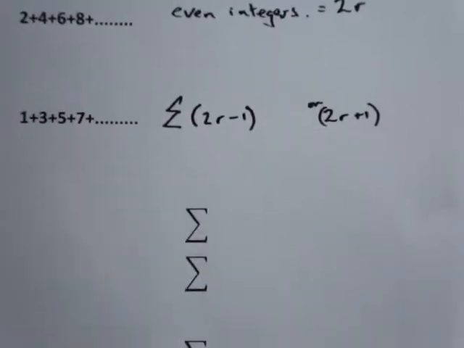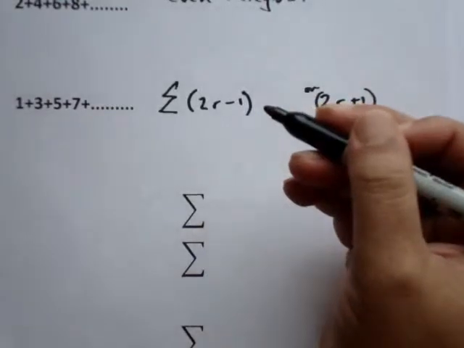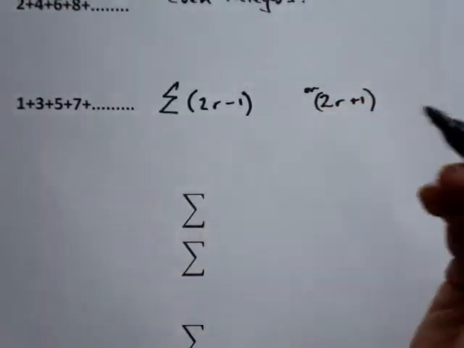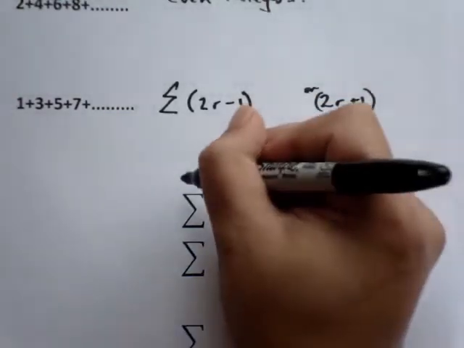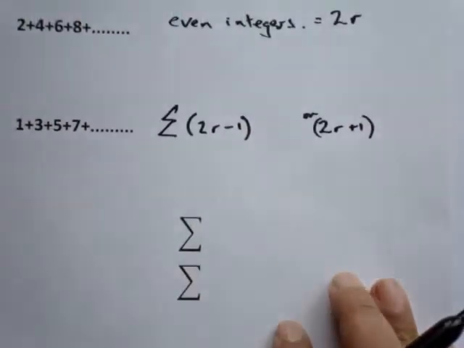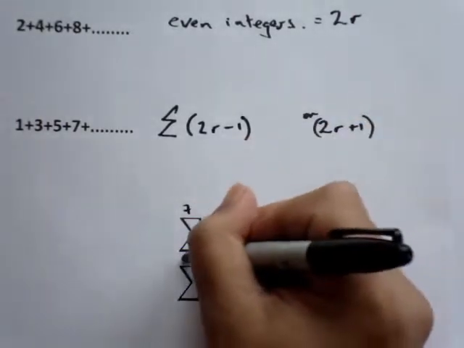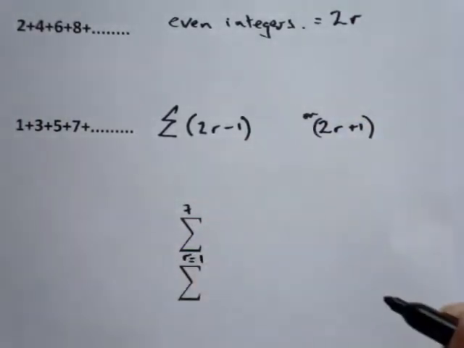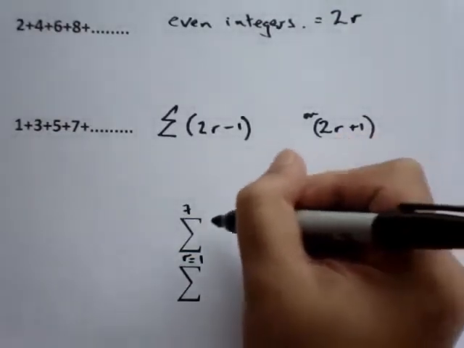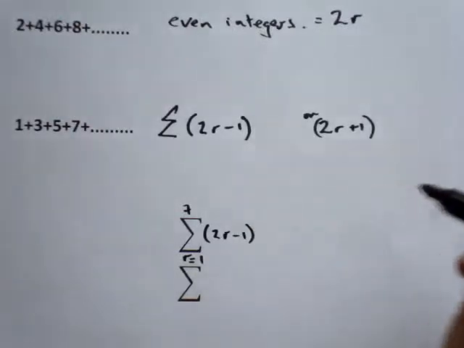So if we have something like, let me have a look, the top limit is 7 and the bottom limit r equals 1 of 2r minus 1.